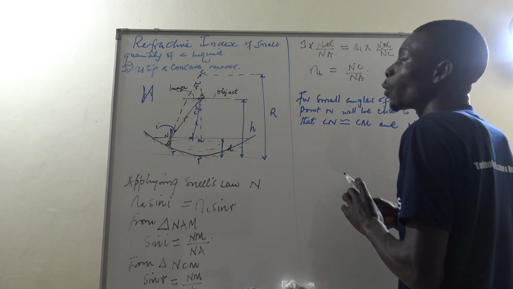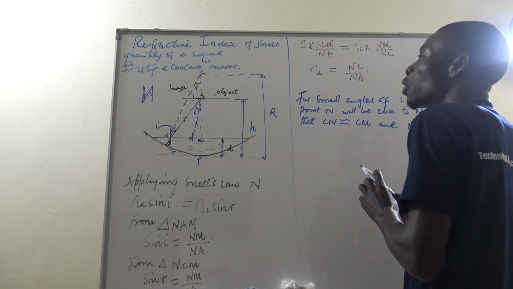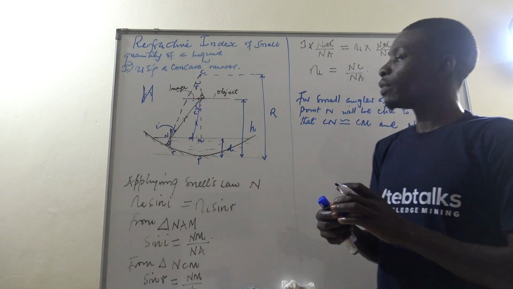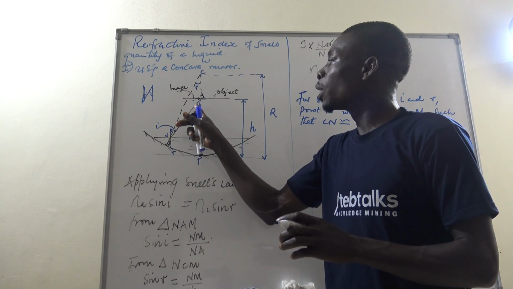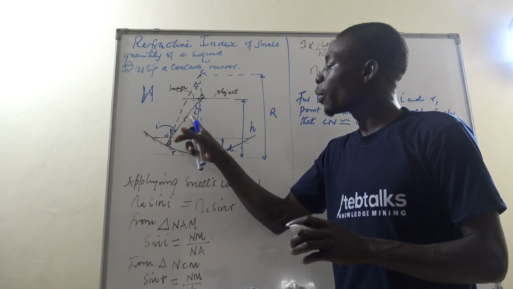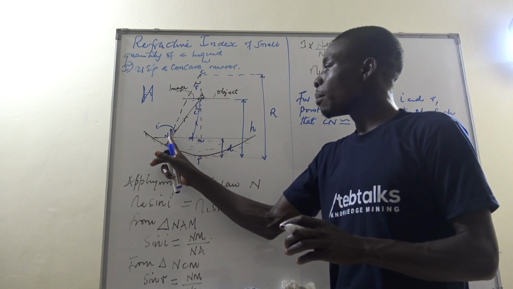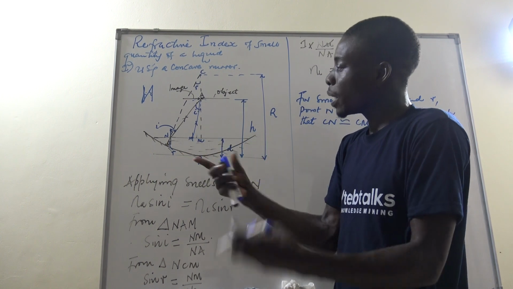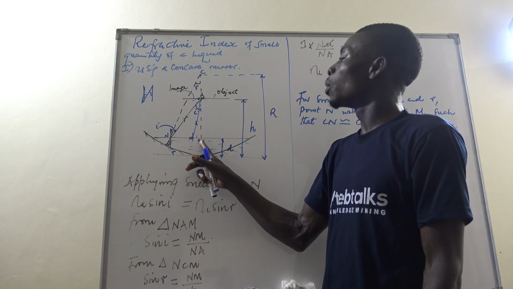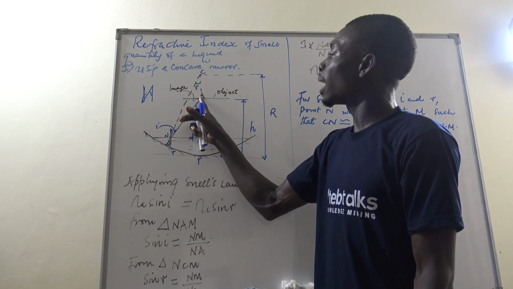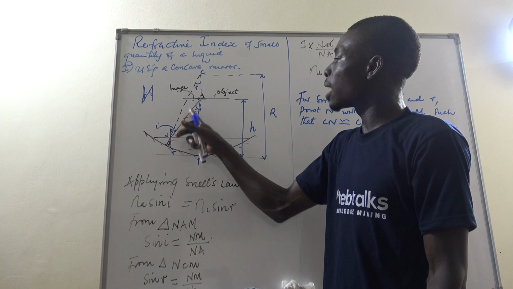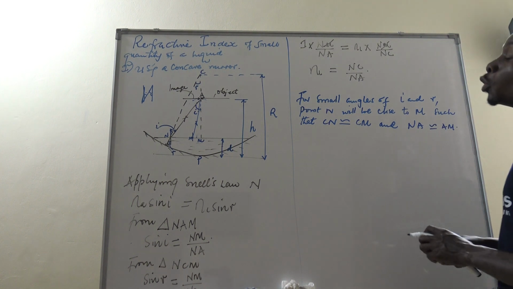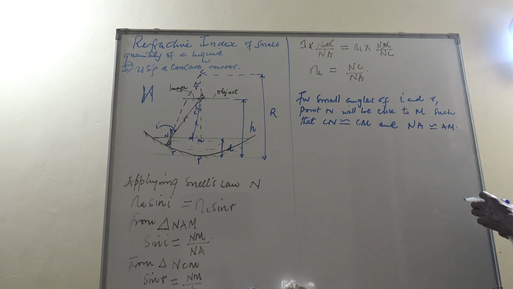It is an assumption that we are dealing with smaller angles of i and r. If those angles are very small, what is very true is that if you reduce i to a very small angle, point N shifts close to point M. So if N is coming close to M, it means this distance can be taken as this, and this distance will be taken as that. So it is just an assumption that you should make. It is one of the marking points.